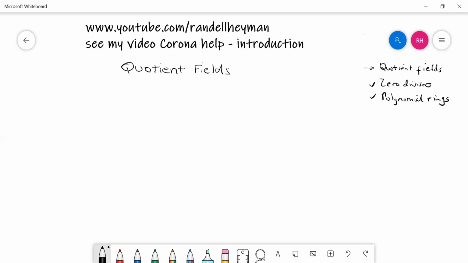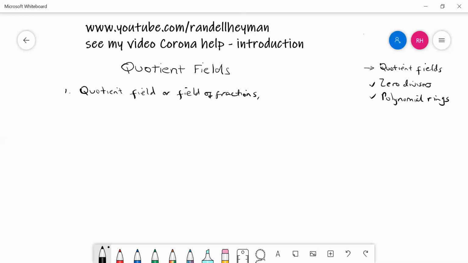Okay, so the first point I want to make here is that there's a lot of terms here that mean the same thing. So quotient field is what we're talking about, but you'll also sometimes hear it talked about as being the field of fractions, which in some ways is a better name, as you'll see.